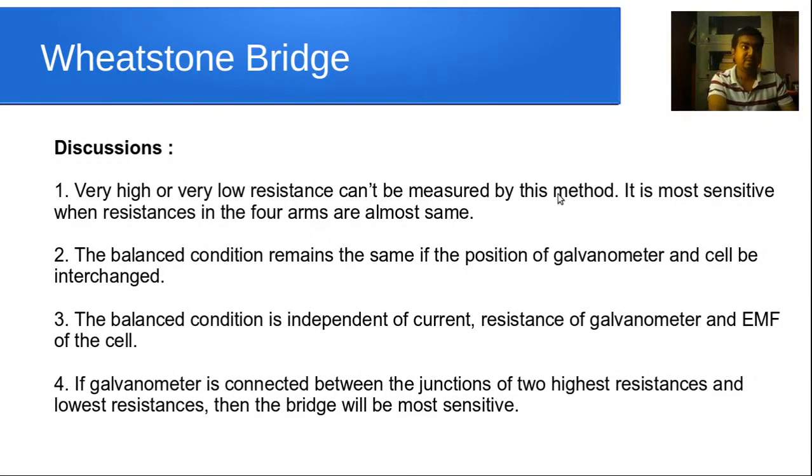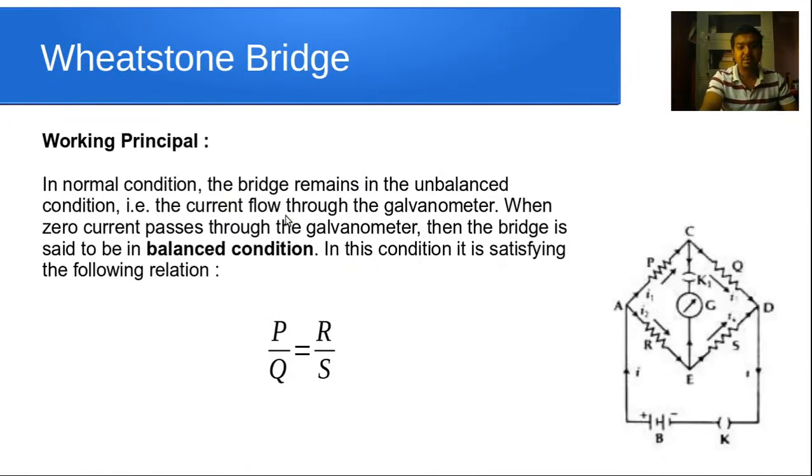Okay, so first of all, one can think that if I know P, Q and R, I can measure S from the balance equation. We can measure the unknown S from the balance equation.